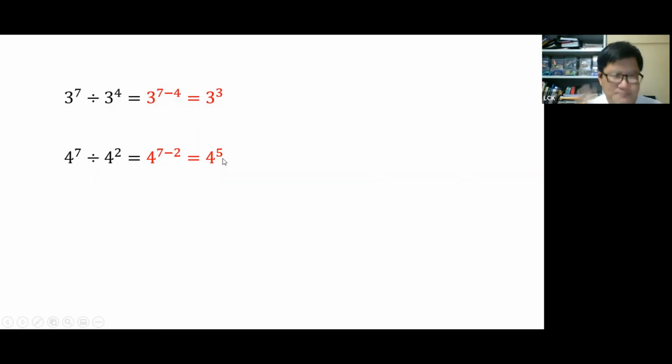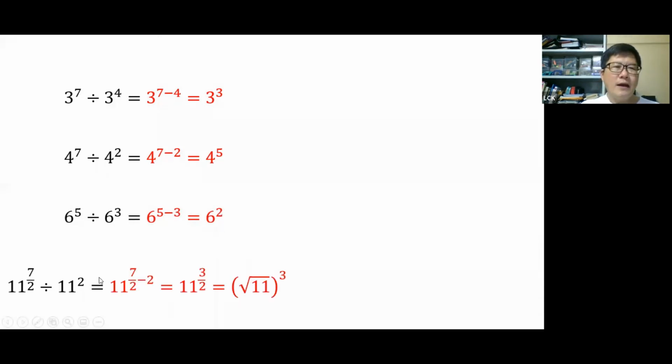Again, the questions don't just look simple, they are simple. But do it. 6 to the power of 5 divided by 6 to the power of 3 is 6 to the power of 5 minus 3, or 6 to the power of 2. This next one is a little bit tricky. 11 to the power of 7 over 2, a fractional index, divided by 11 to the power of 2.